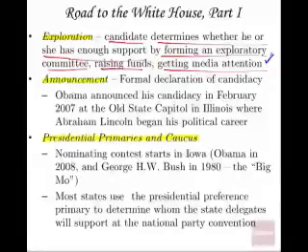So that's basically what is taking place.